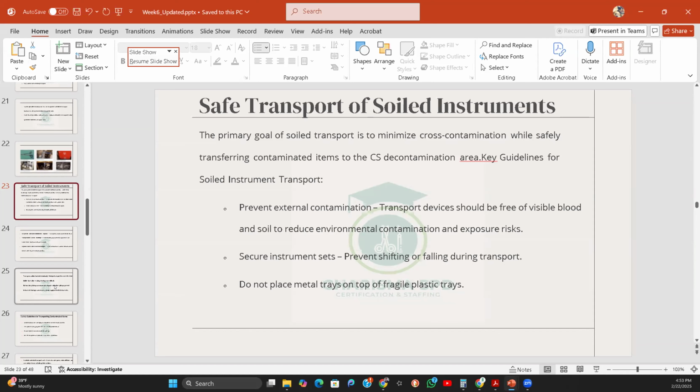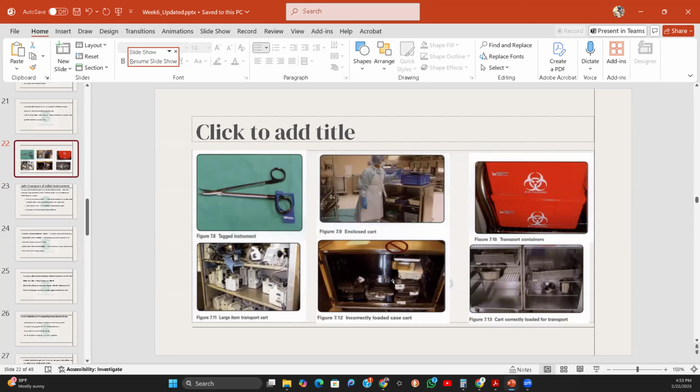Okay, so we are talking about the transport cart. We are looking at how it should be, where the cursor is. So we are saying that once we do point of use by removing the gross soil, and throwing away all the liquid that is not supposed to get to decontamination, we reduce the volume and the weight of what is supposed to be transported to central sterile processing.